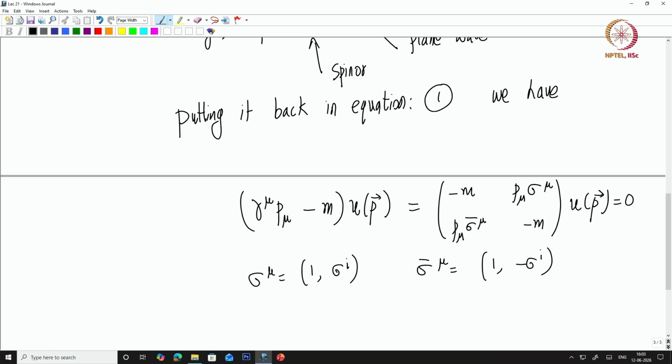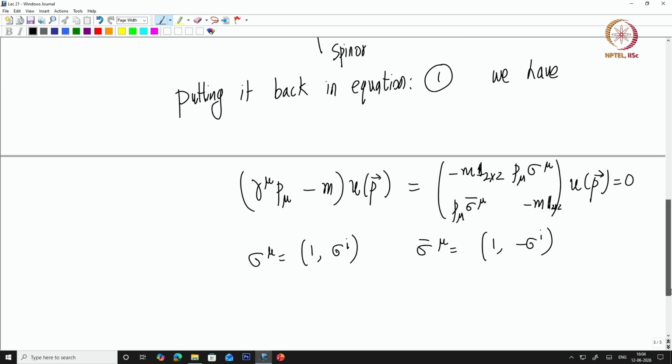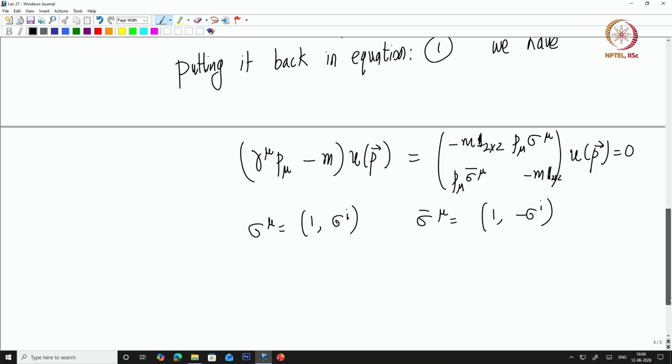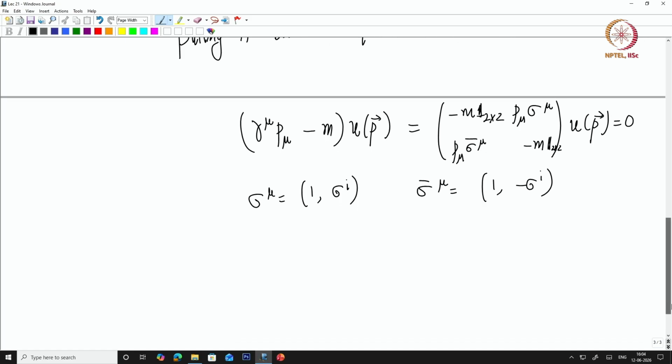So this was introduced in the earlier class, and this is the 4×4 form of the Dirac equation written in terms of two component, meaning each of these is a 2×2 part. It is written in terms of a block diagonal form of 2×2 matrices essentially. Okay, very good.